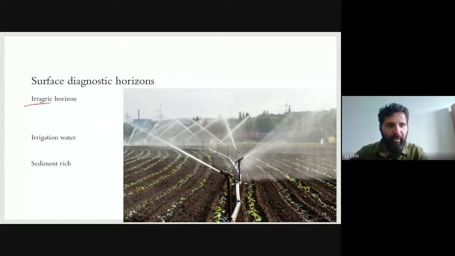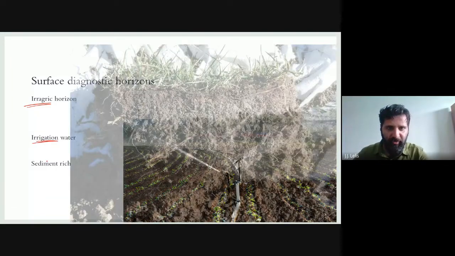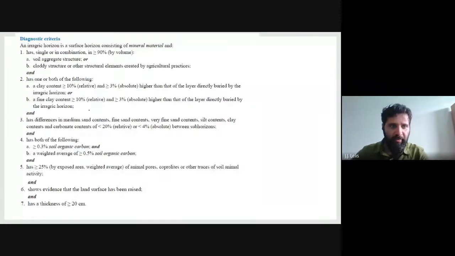The irragric horizon is a horizon formed by irrigation and should present a difference of texture between the horizons, so it should present a higher content of fine materials. We couldn't identify this horizon using only one horizon.